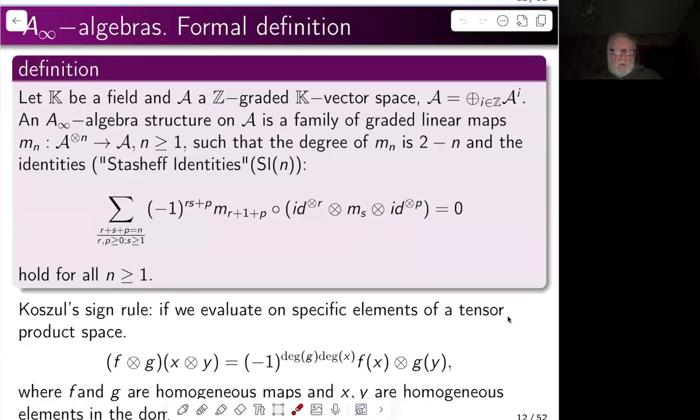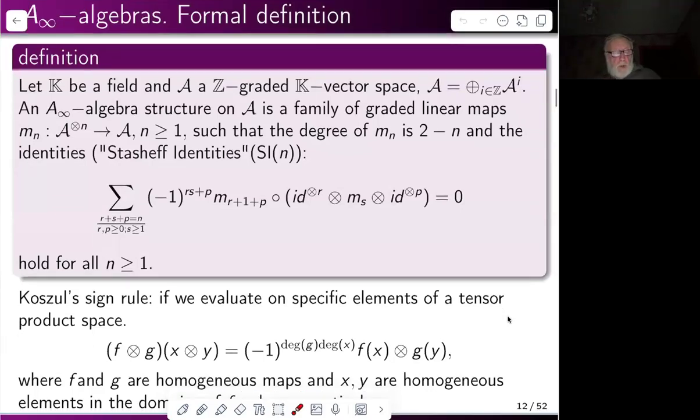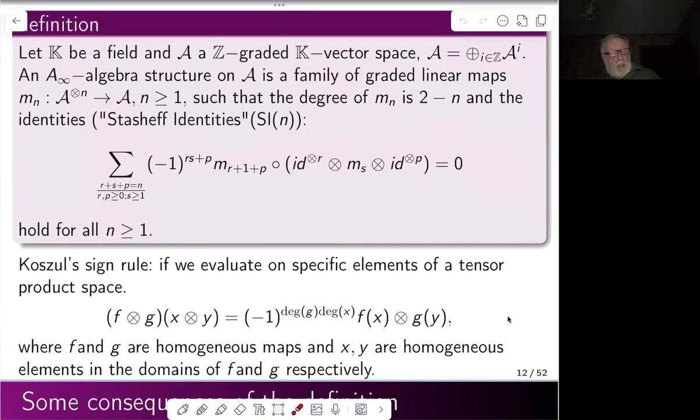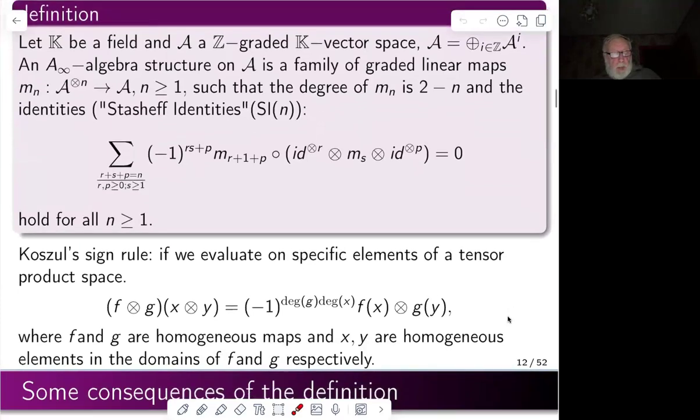And this Stasheff identity holds for all n bigger or equal to 1. Stasheff discovered this construction when he studied so-called H-spaces. So he studied the topology of the loop space of a topological space X, and then in the homology of loops he discovered such an interesting operation.